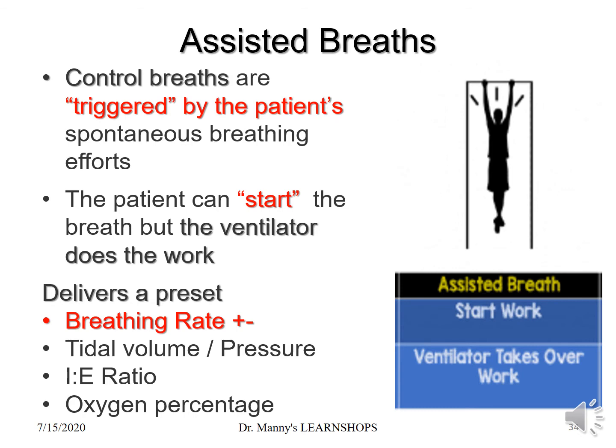So therefore, the ventilator delivers a breathing rate that is initiated by the patient, if they are able to do so, but it will deliver a preset tidal volume or pressure, IE ratio and oxygen percentage. The patient starts the ventilator breathing, but the machine does most of the work.